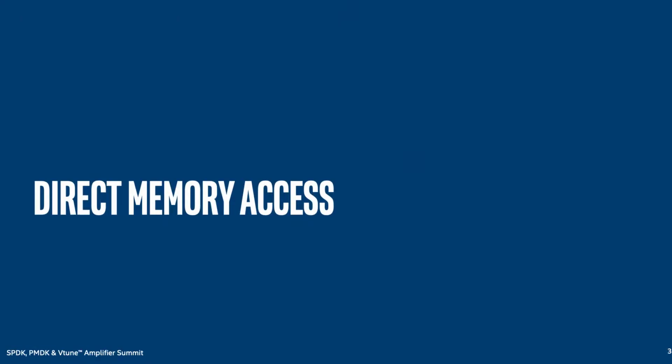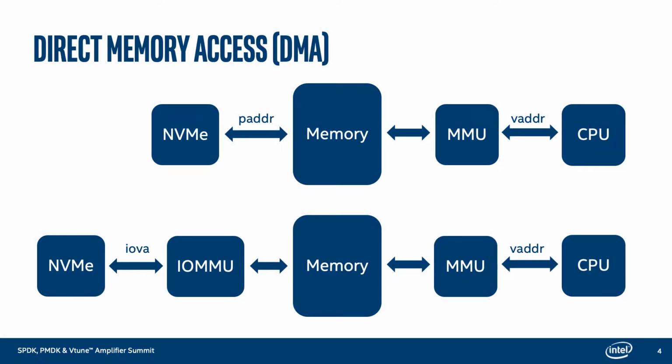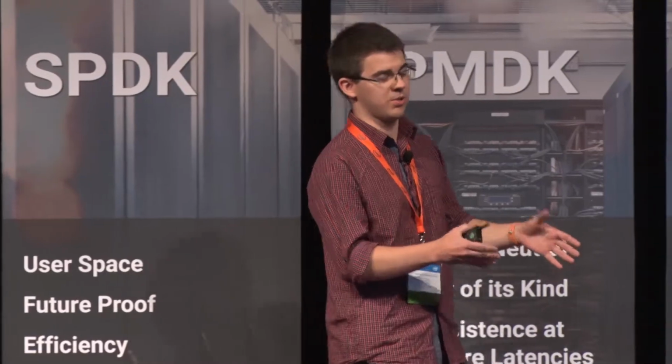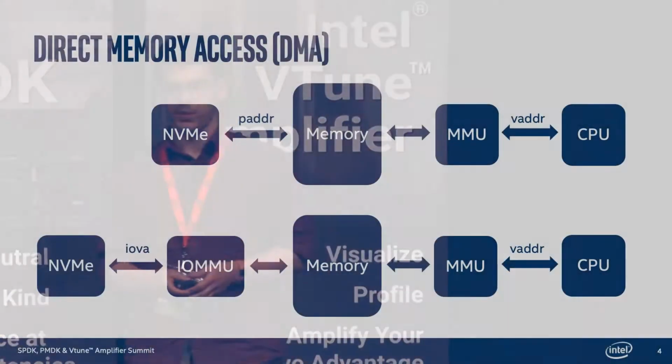When you have a memory address in your application running on your CPU, it's most likely a virtual address, and it's called virtual because it doesn't necessarily point to a single physical location in your physical memory. So in your RAM, in your DIMMs, whatever.